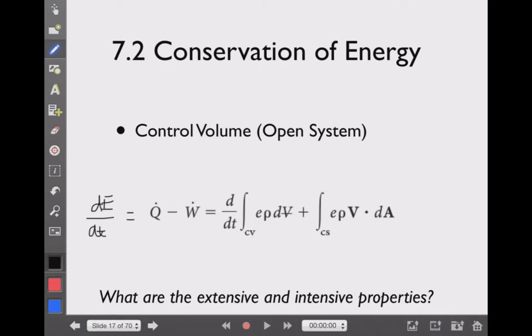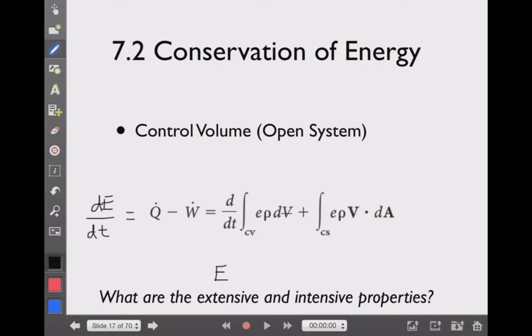So that's a little sloppy. Let me rewrite that because it's important. dE/dt. And so what is our extensive property? Pretty easy. What we're interested in is the energy. That's what we're really working towards understanding in this problem.